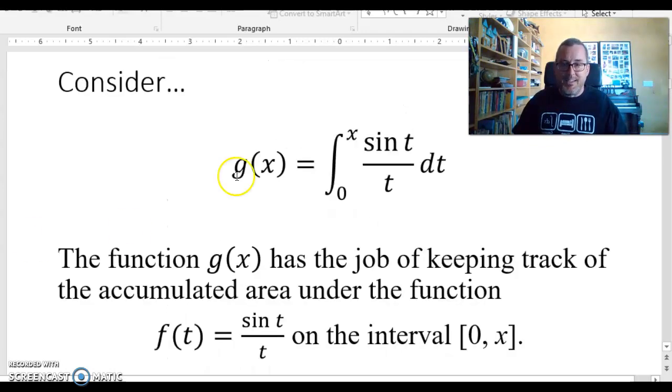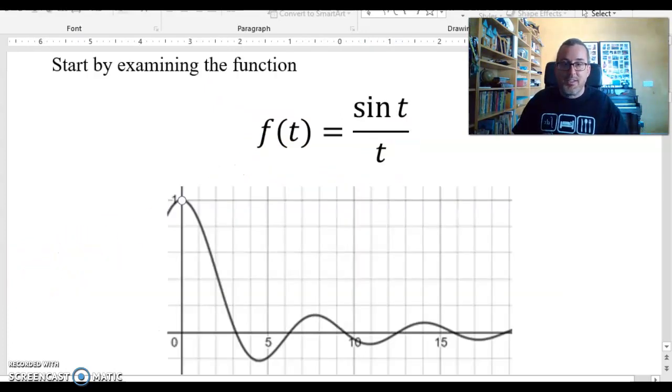f of t is the function sine of t over t, where g of x is the function that's keeping track of the accumulated area underneath that curve between 0 and x. So we're just going to focus on sine of t over t. Imagine when t is 0, sine of 0 divided by 0 is a 0 over 0 thing, so nothing's there.